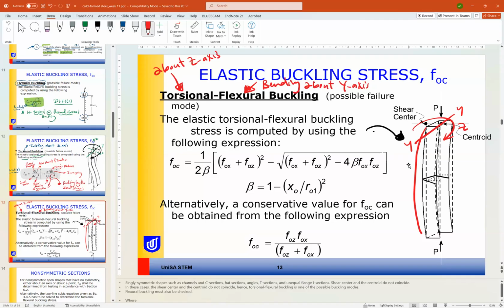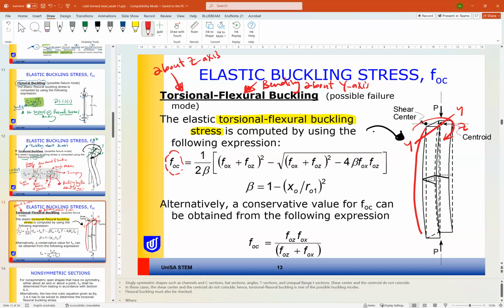Okay, so this mode is the torsional flexural buckling mode, and the elastic torsional flexural buckling stress in this case will be determined using the formula FOC equal to 1 divided by 2 beta multiplied by FOX plus FOZ minus the square root of (FOX plus FOZ) all squared minus 4 beta FOX FOZ, and beta in this case is 1 minus XO divided by RO1 all squared.